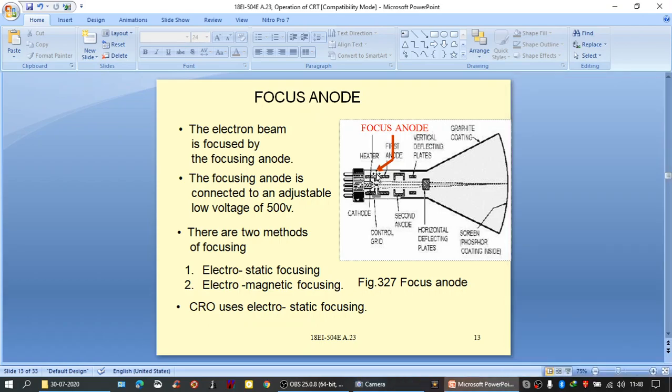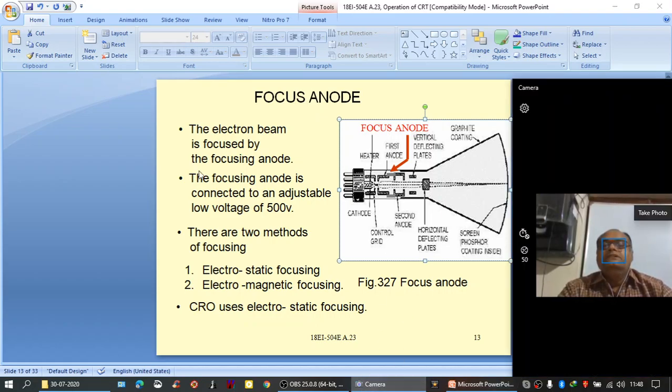It has to be at the center. Yes, this is focusing anode. The electron beam is focused by this focusing anode.